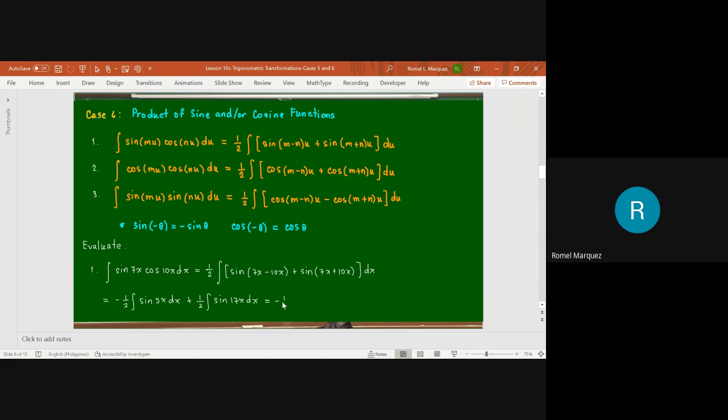So negative 1/2 times 1/3 because I'm planning to put inside 3 dx. Plus 1/2, I'm planning to put inside 17 with a dx, so that I now have 17 sine of 17x times 17 dx.